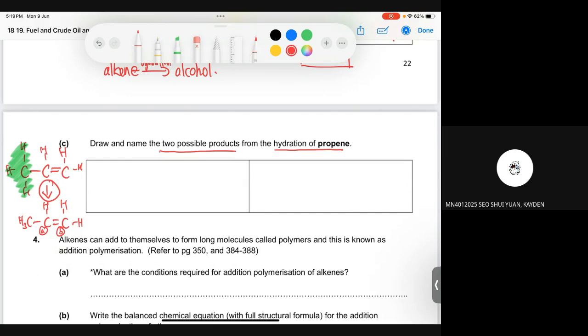Arya, help me. What are the two possible products that I can get? Give me one of them first. I'm going to just short circuit this by drawing it out first. Okay, so I draw this part here first. Arya, can you help me? What is the first possible product?